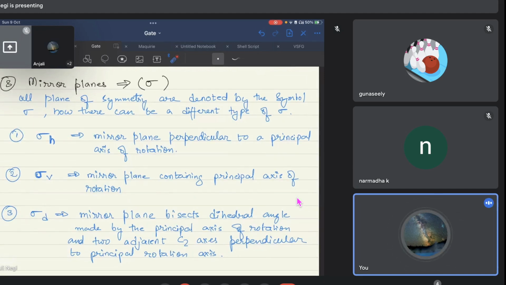Just keep in mind that h means horizontal, v means vertical, and d means dihedral. So h means horizontal: this mirror plane is perpendicular to the principal axis of rotation, so it is horizontal to my principal axis of rotation.